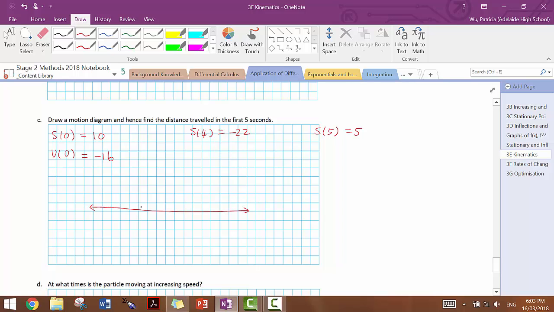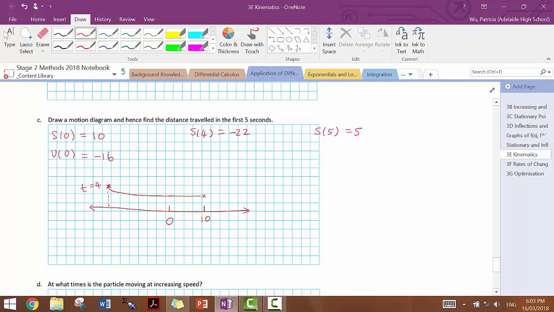Okay, so this is the information we get after all the substitution. And now try plot that into the motion diagram. So this is my origin. I started off 10 meters to the right of the origin. And then my motion at that time is actually moving to the left. And I just keep going, and then I will make a turn, reverse the direction at t equals 4.